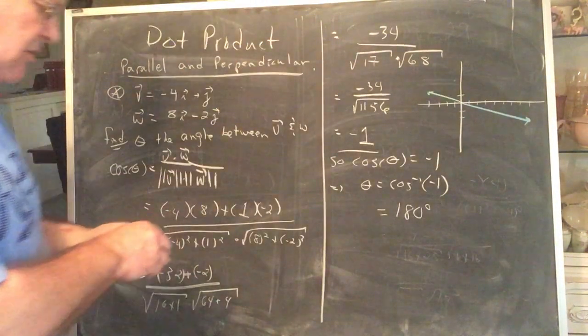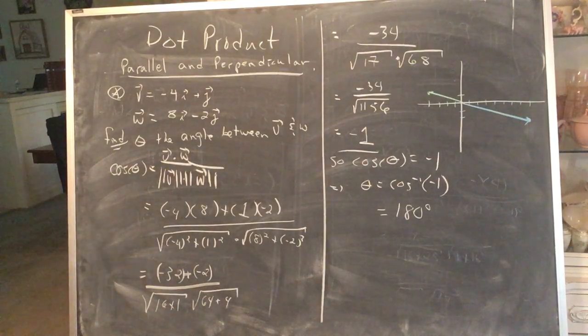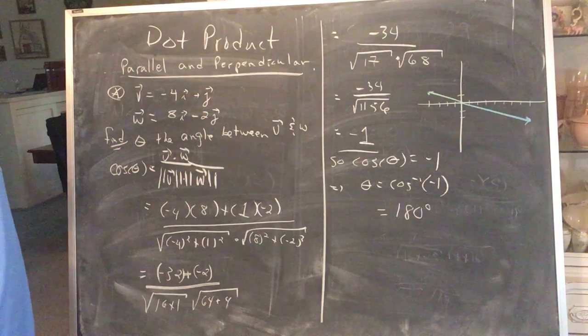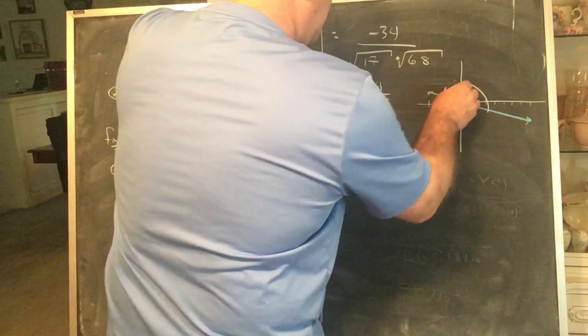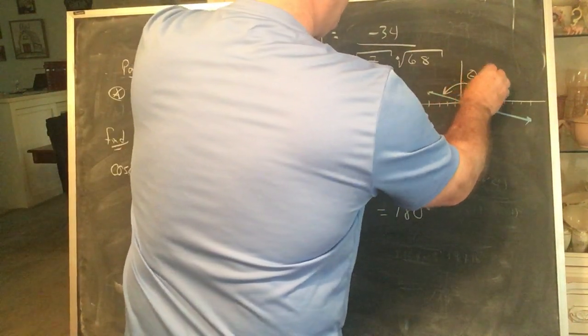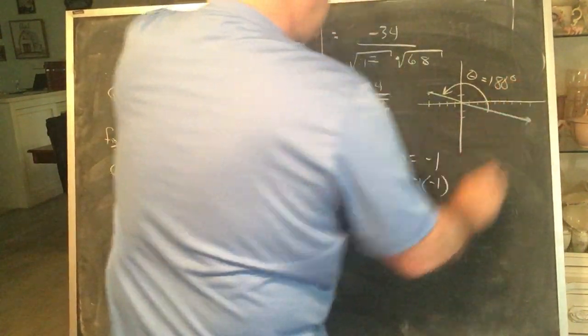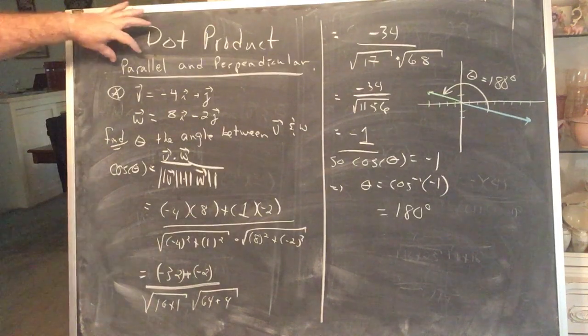Now my picture is terrible, but at least that leads us to believe that this is not an unreasonable result. And in fact, this is correct. The angle between these vectors is 180 degrees, which is to say they go in opposite directions. They are opposite vectors. They are parallel.